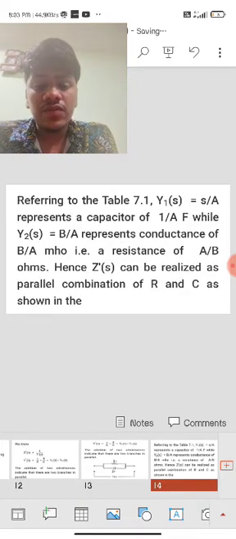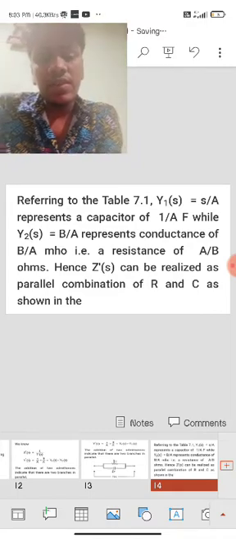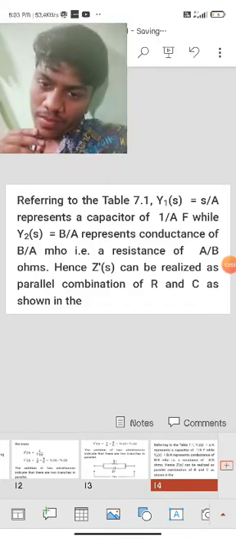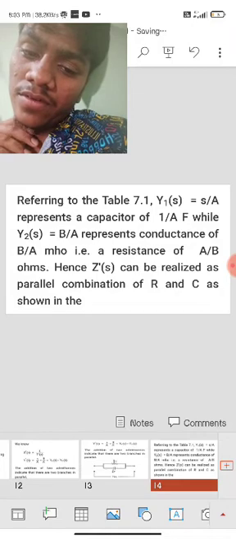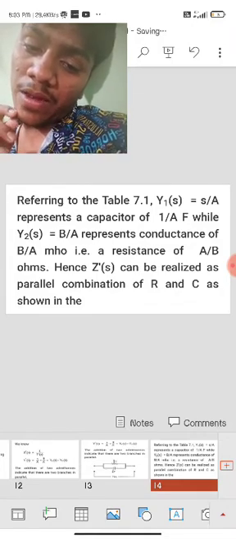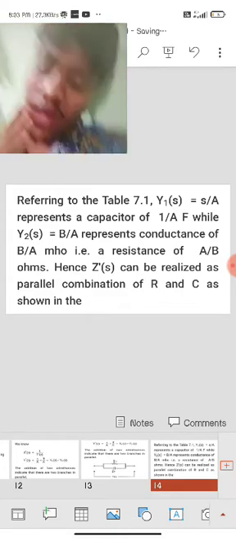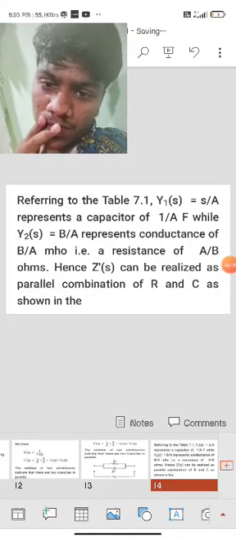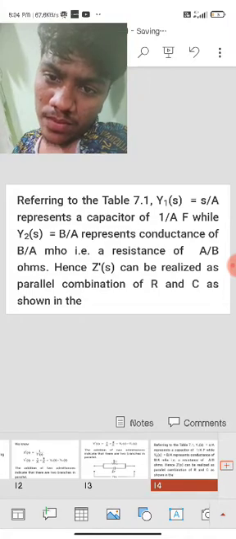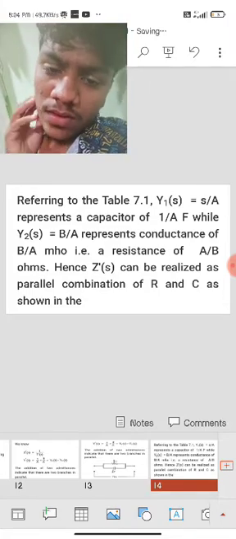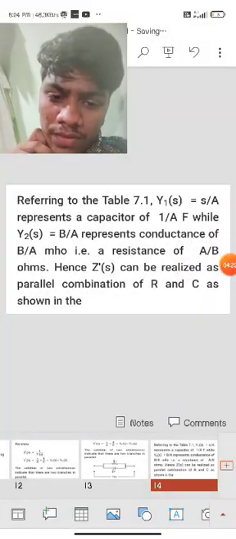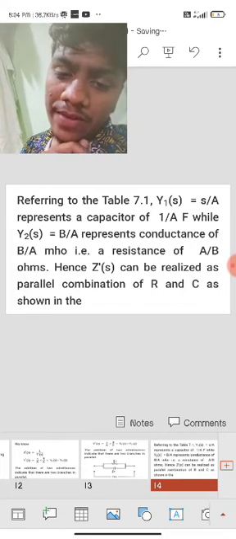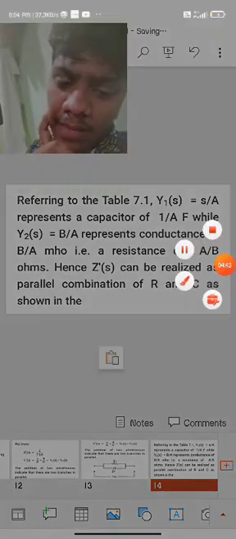Referring to table 7.1, Y1 of s equals s by a represents a capacitor of 1 by a farad, while Y2 of s equals b by a represents a conductance of b by a mho, that is, a resistance of a by b ohms.